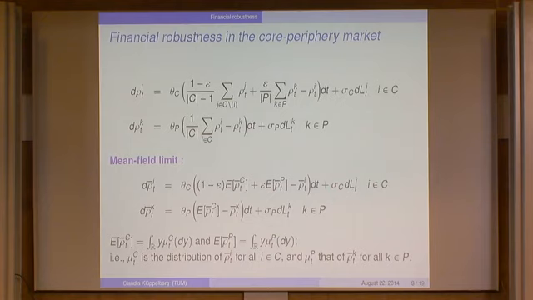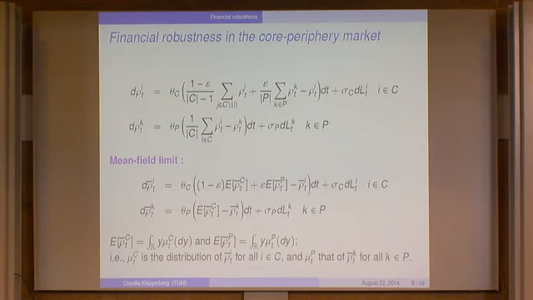And what you actually prove is that the two systems, the system described by these equations and the system described by these equations, converge to each other as the number of particles, banks in my case, goes to infinity.